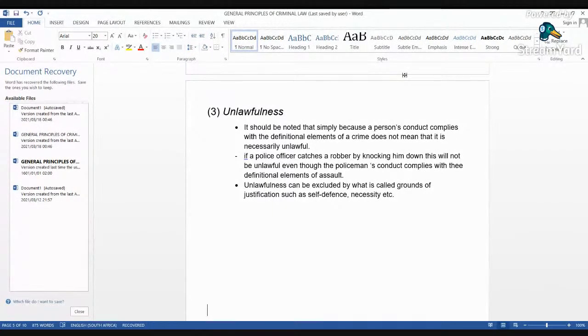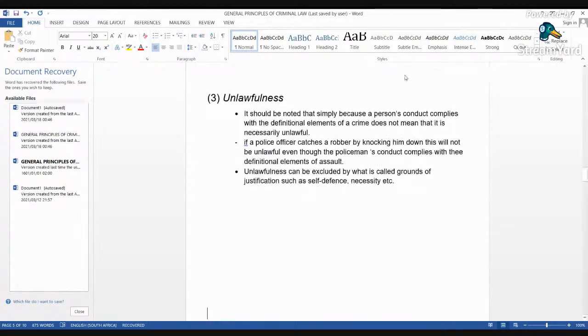Grounds of justification, which we'll do later on, include self-defense, a very familiar term, and also necessity. Those are grounds that the law gives you to use in case you have to defend yourself, or act in a certain way to protect another person or to make sure that you do not get hurt.